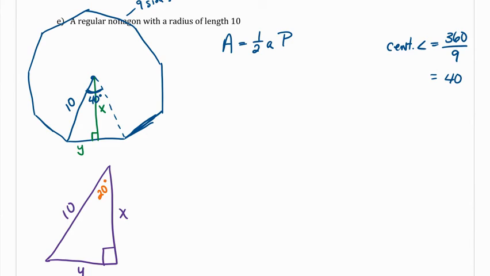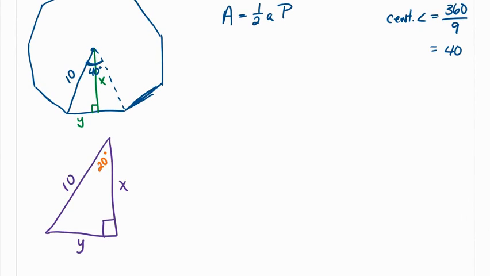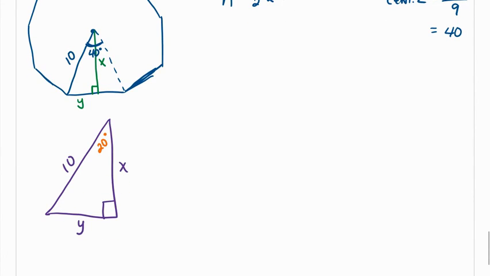This is not a 30, 60, 90 or a 45, 45, 90. So what do we have to use instead? We're going to use our SOHCAHTOA rules this time, right? So the 10 is the hypotenuse. If I'm going to use 20 as my angle, then y is the opposite, x is the adjacent. And then we can use our trig functions to solve for x and y.